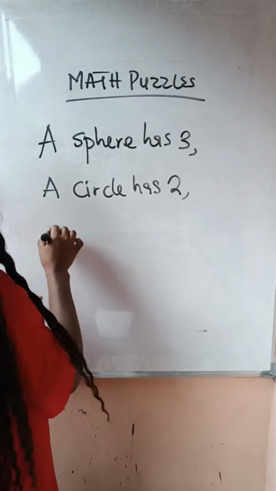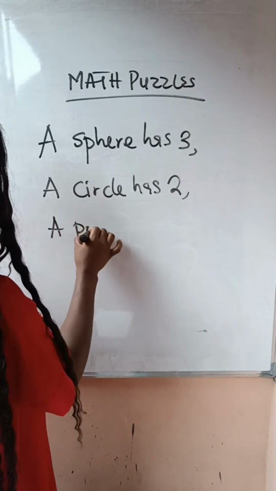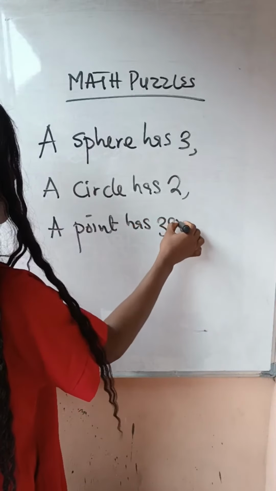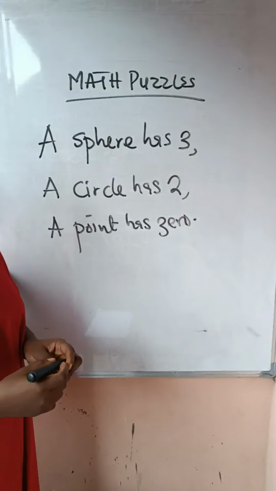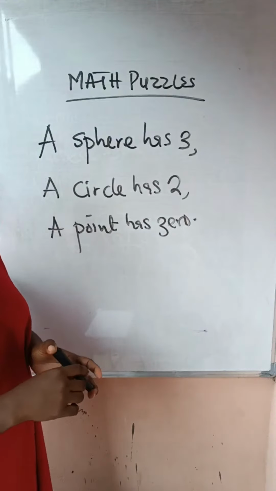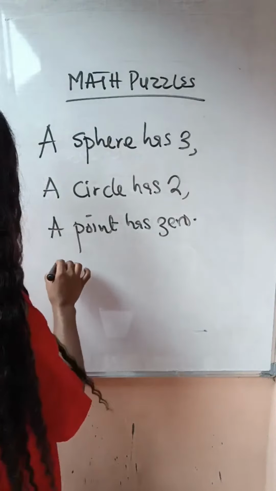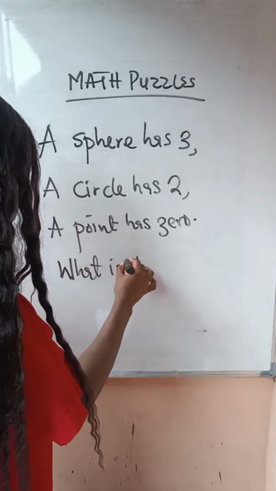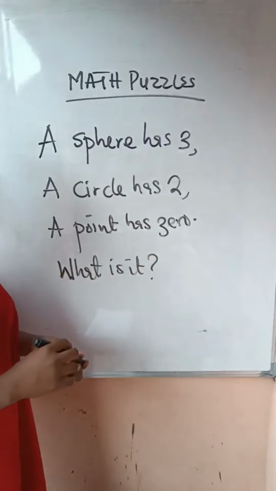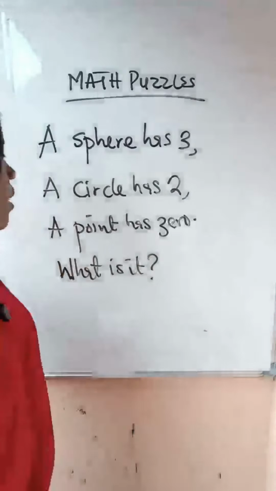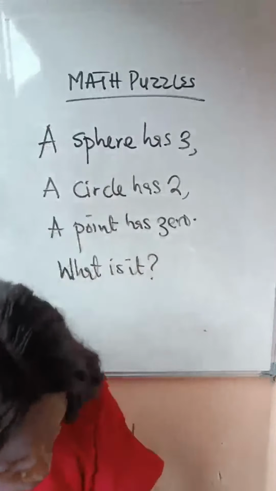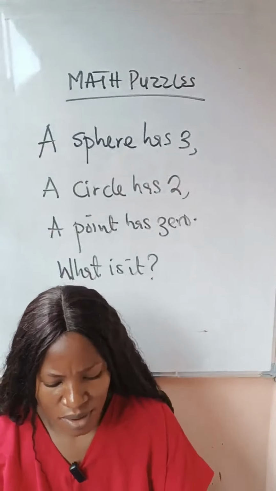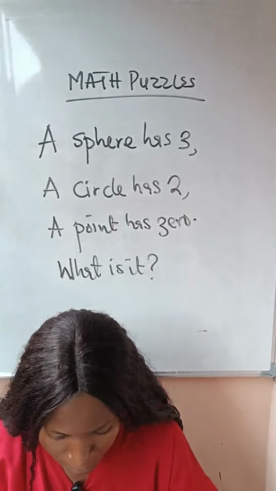A point has 0. Now the question is saying, what is it? A sphere has 3. A circle has 2. A point has 0. What is it? What could that be?